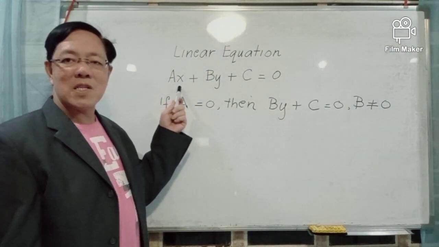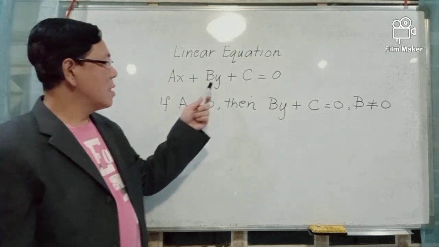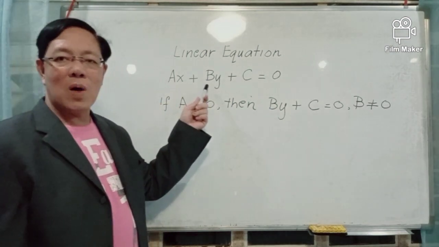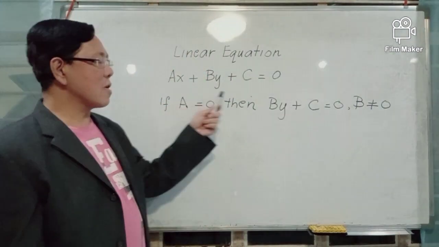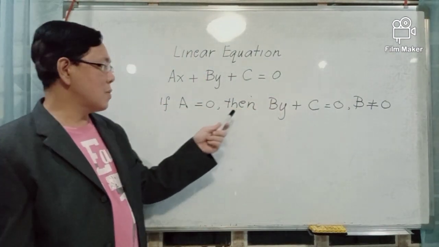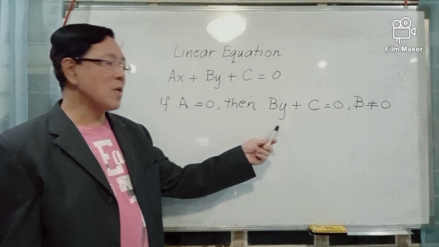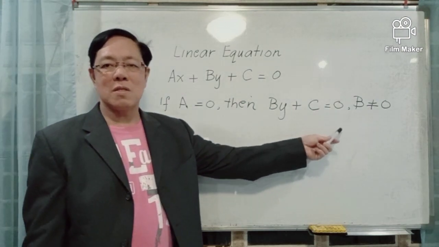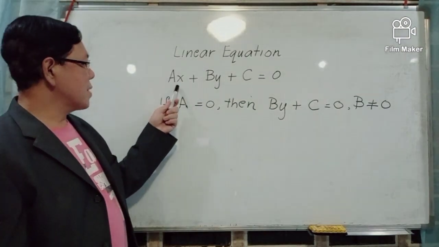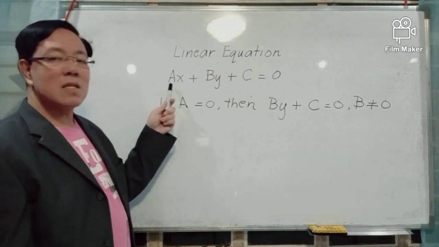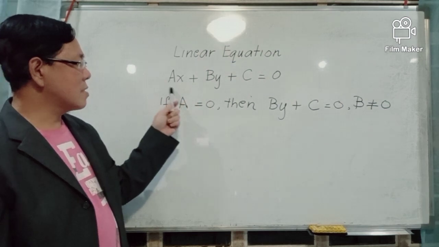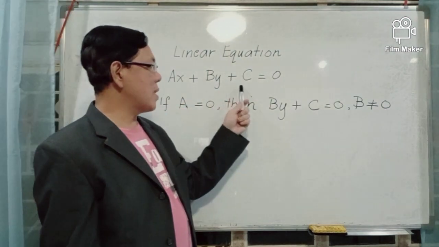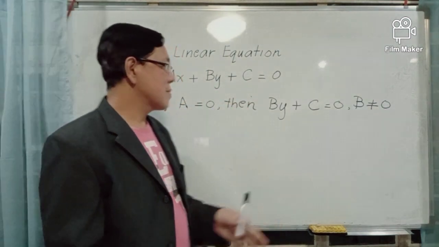Again, if the coefficient of x is 0, but the coefficient of y, b, is not 0, this linear equation in 2 variables would simplify to by plus c equals 0, because a is 0, and 0 multiplied by x is 0. Hence, this simplifies to by plus c equals 0.